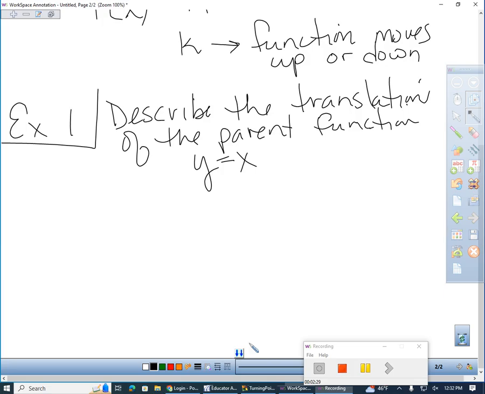All right. So let's say I have y equals x plus 7. Because I have taken my parent function and added 7 to the end of it, it goes up 7.